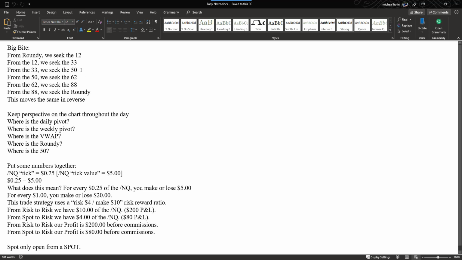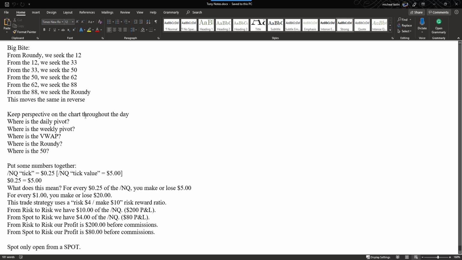So if we came from the 50, we absolutely would be seeking the roundy, but we would also recognize that the 62 is going to be an area of resistance between the 50 and the roundy, right? So print these out, keep track of them. Also, remember, spots are only opened from a spot, not from risk.